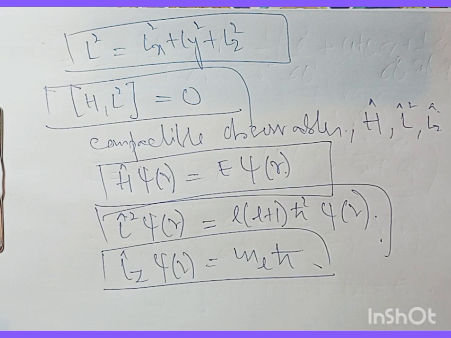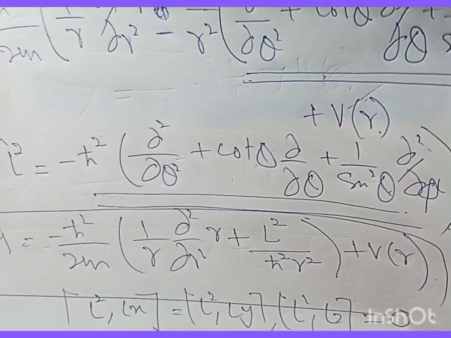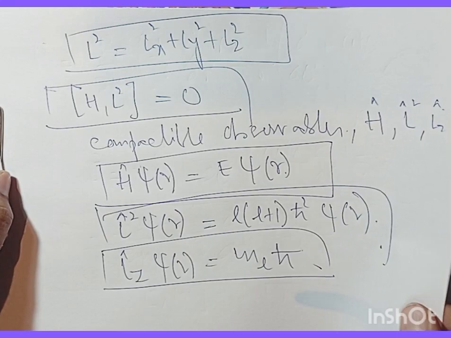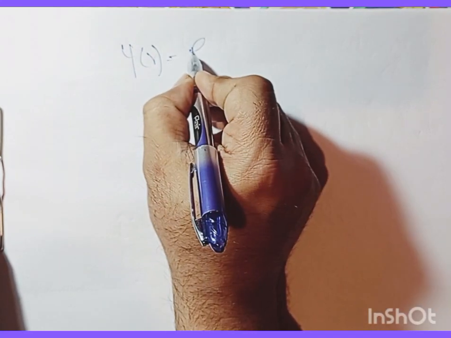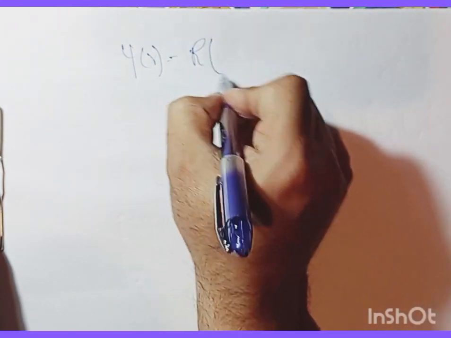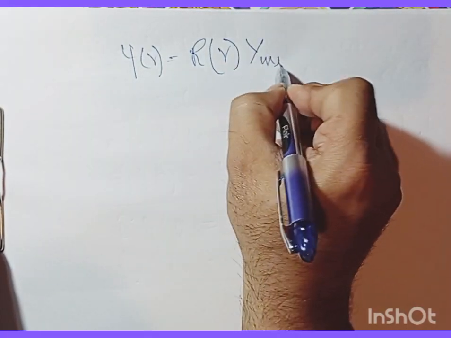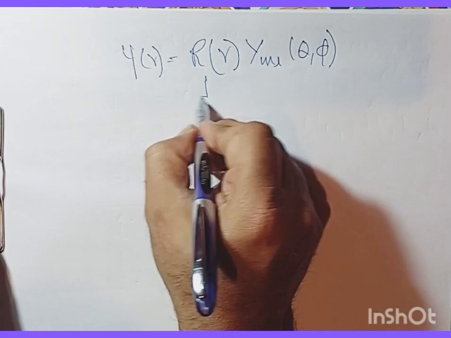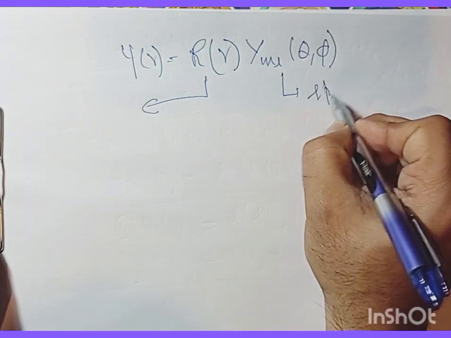So we can think of writing the solution for this wave function. If I write down psi of r using the variable separable approach, it is going to give me R of r and Y_l^m_l as a function of theta and phi. This is our radial part, and this is our spherical harmonics.